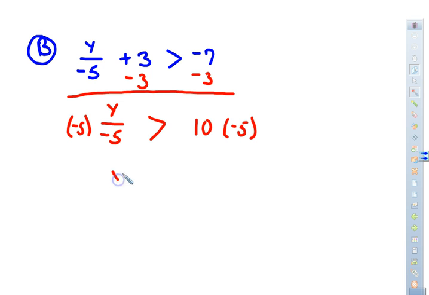So it is going to give me y, and this is greater than, so now it is less than, and 10 times a negative 5 is going to give me negative 50. Okay? Now some of you might be saying, well, I don't understand. How can you get this? This would give me 25.